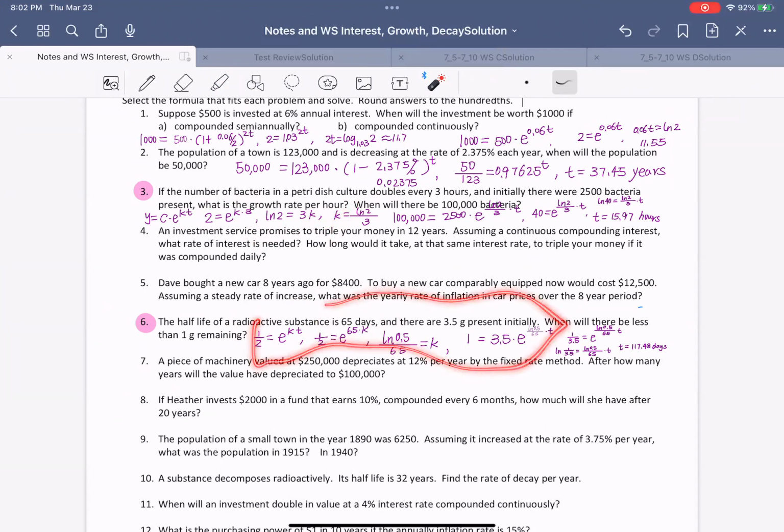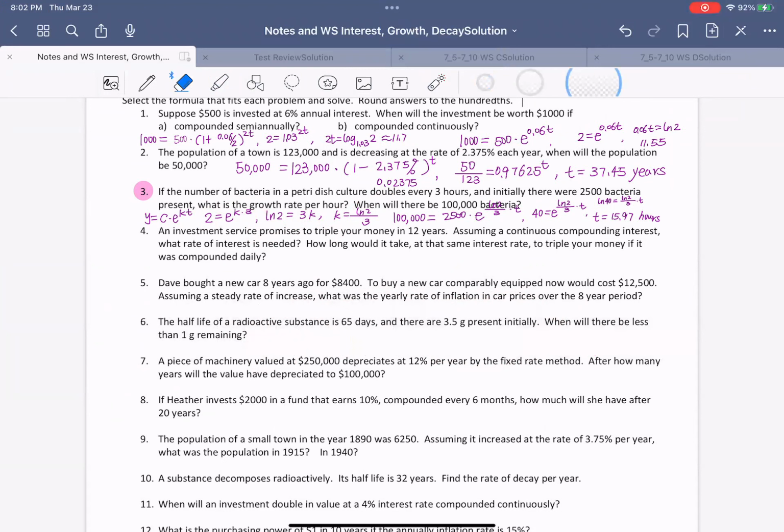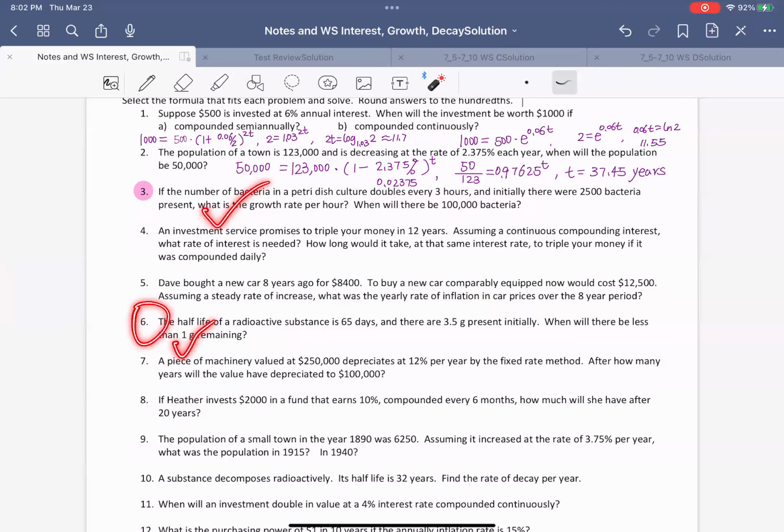But I don't know if students truly understand number 3 and number 6. I deleted number 3 and number 6. Go ahead, do number 3 and number 6 by yourself. And also you need to use a calculator to give me the correct final results. Not only show your work, but also calculate these two values.